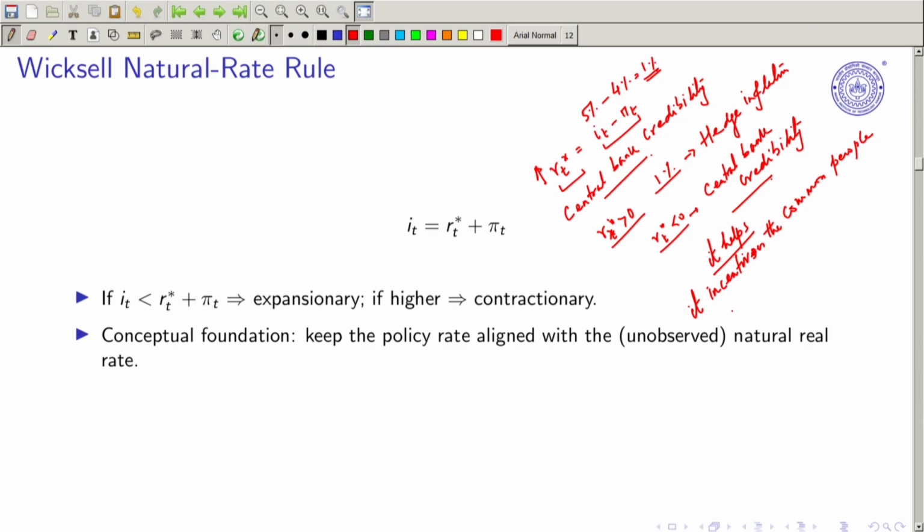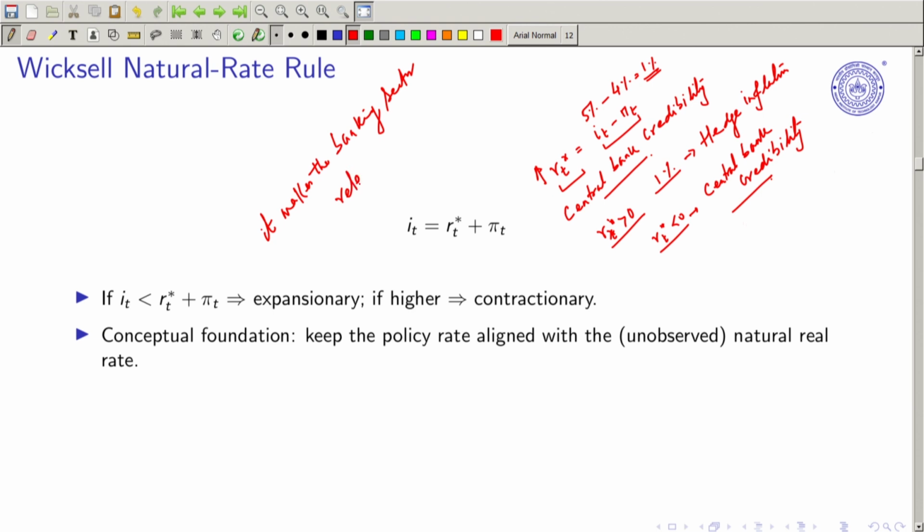Or I think instead of this, the appropriate sentence will be that it makes the banking sector relevant, right? So this is what we get here.